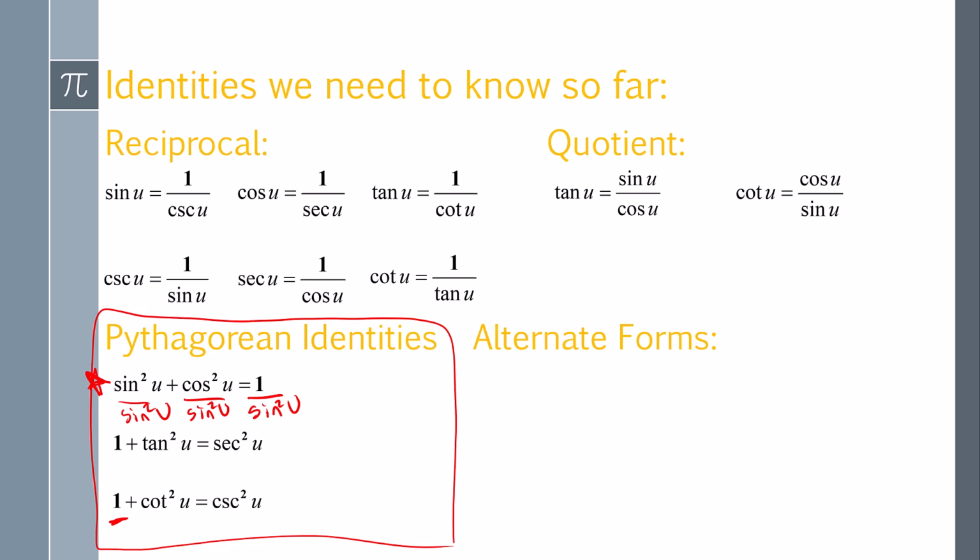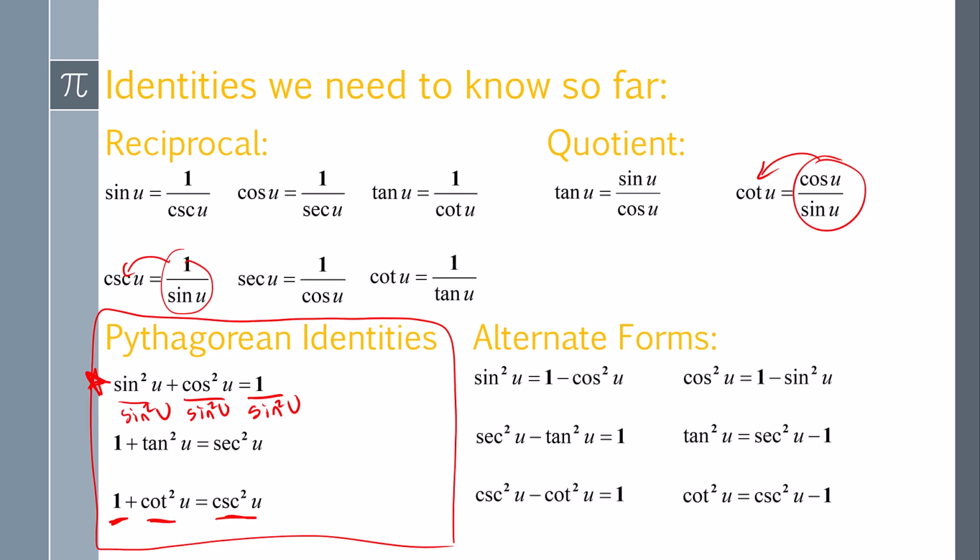Cosine squared over sine squared is cotangent squared. 1 over sine squared is cosecant squared, because 1 over sine is cosecant. Cosine over sine is cotangent, right? So you can derive the other two by either dividing by sine squared or dividing by cosine squared. So just in case you forget.